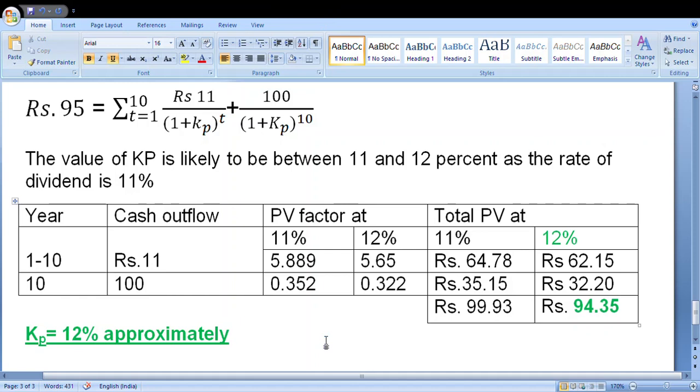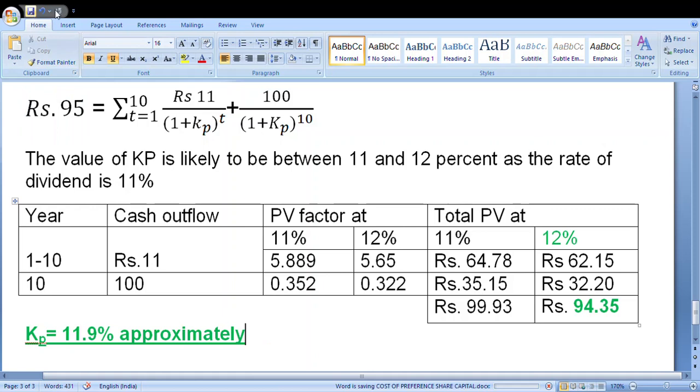Or we can simply say 11.9, as for 12% we are getting 65 paise less than the original receipt, so approximately it is 11.9% instead of 12%.